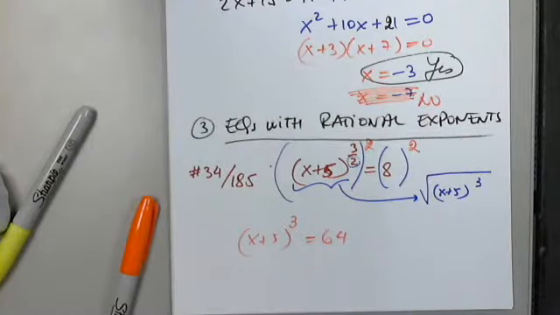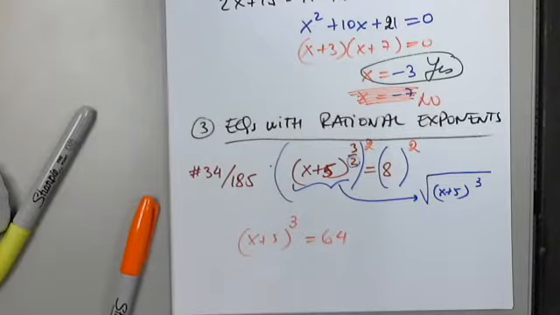However, if I move 64 to the other side and set equal to 0 and factor, how many solutions will I get? 3. So I don't know what they want. If they want only the real solution, then I will take the cube root and I'm done. But if they want all possible solutions, then I cannot take the cube root.